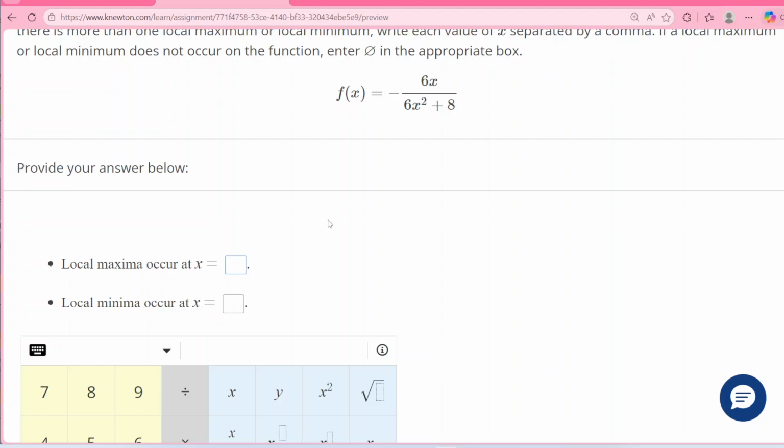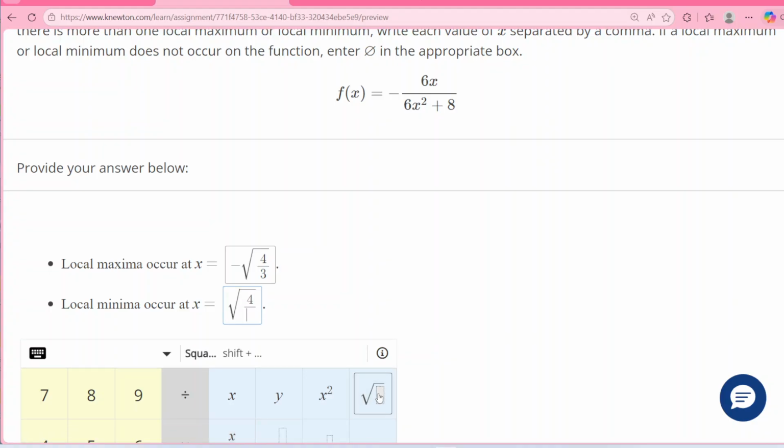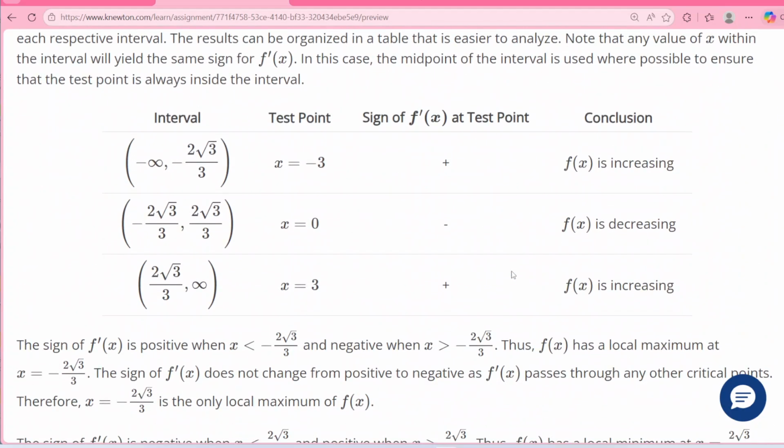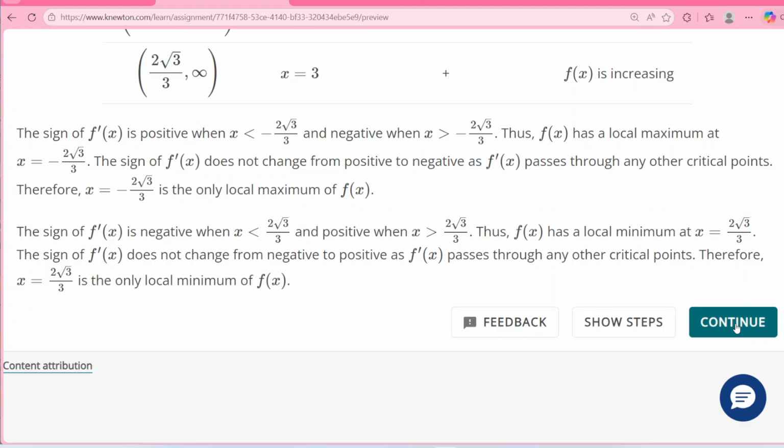The local maximum occurred at negative square root of 4/3, making sure the 4/3 is all inside the root. And the minimum occurred at positive square root of 4/3. Great. And you saw that in the graph as well. Wonderful.